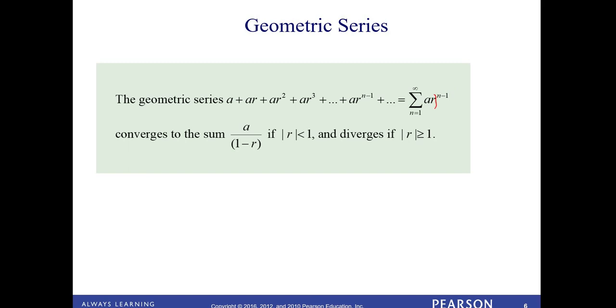So if my common ratio is smaller than 1, my terms are getting smaller and approaching 0. If my common ratio is greater than 1, my terms are getting bigger and bigger, and it will diverge. This formula gives me the exact value of the sum of an infinite number of terms in a geometric series.